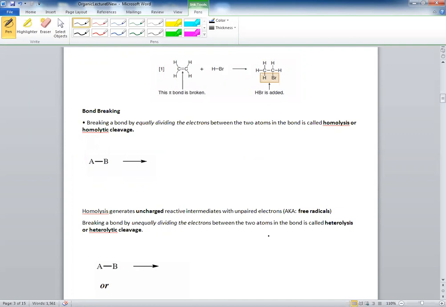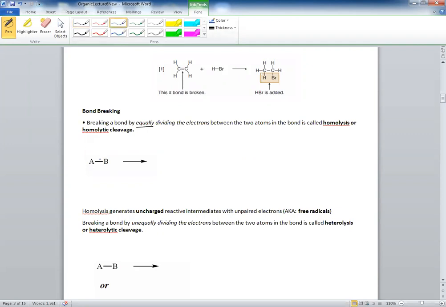So let's begin with the first type of bond breaking. If you have a bond that breaks by equally dividing, the word equally is very important, the electrons between two atoms in a bond, this process is called homolysis or homolytic bond cleavage. And it goes like this. I'm going to use different arrows here.